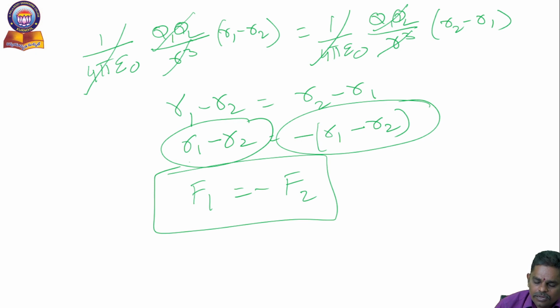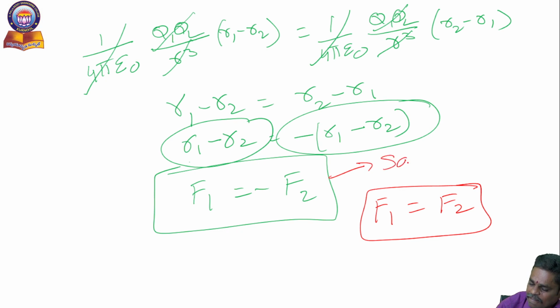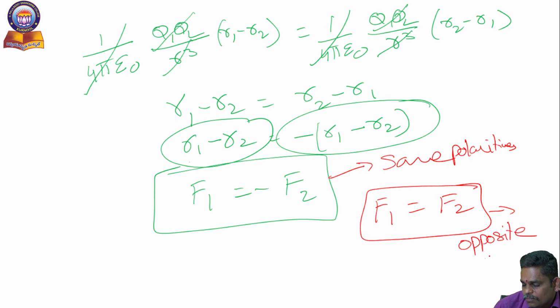If opposite polarities are there, then the equation changes: F1 is equal to F2. This is for same polarity, and this is for opposite polarity. So this is about Coulomb's law.